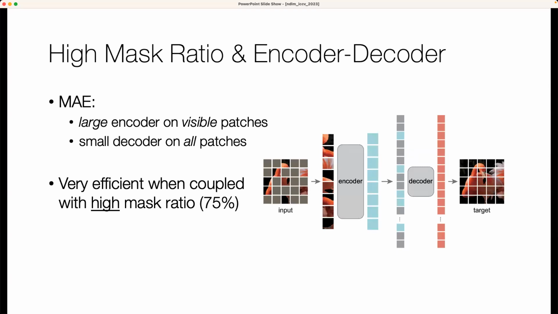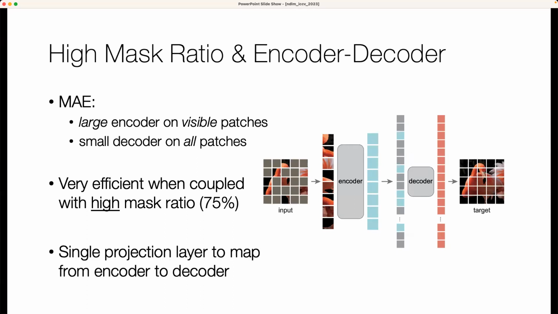So typically, we will apply a 75% mask ratio, so we only keep 25% for the large encoder to operate on. So this is very efficient. And we just use a single projection layer to match the dimensions from the encoder to decoder, to connect them.